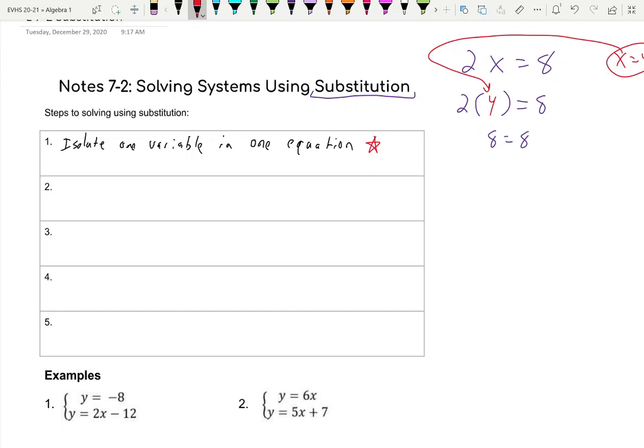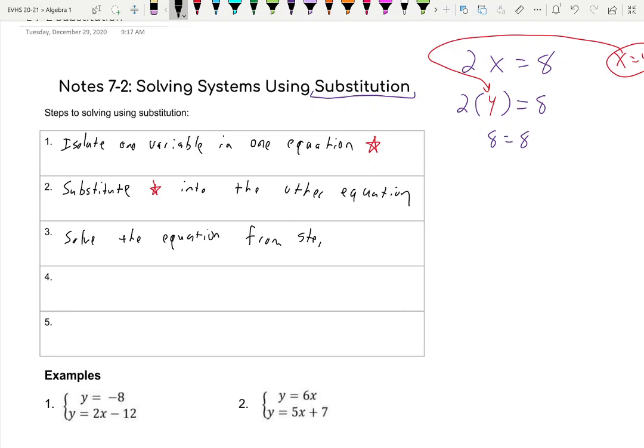Okay? Now, step 2, we are going to substitute that equation, star, into the other equation. Okay, step 3, we're now going to solve the equation from step 2.